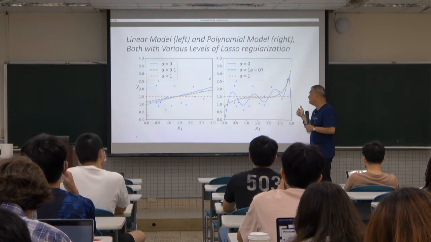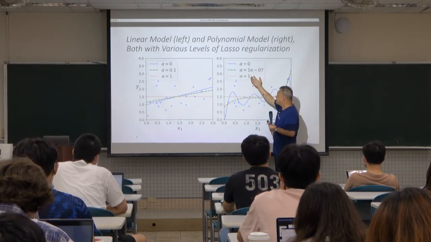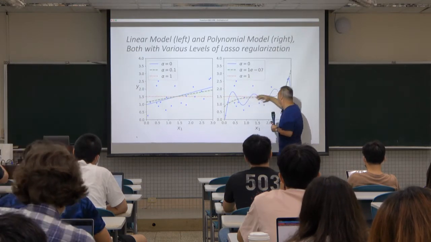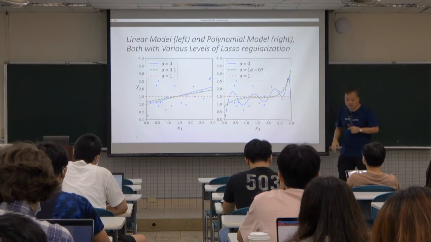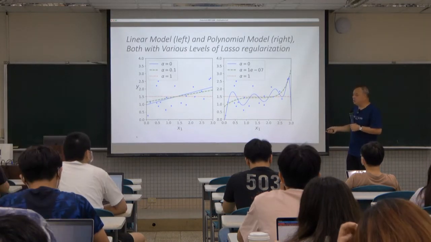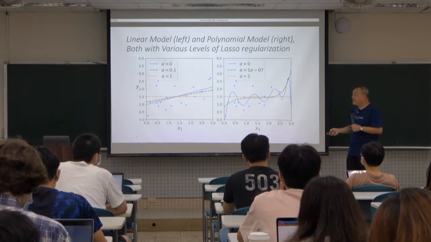And when you set alpha to be 1, it's a strong regularization, so the result is almost close to a flat line.